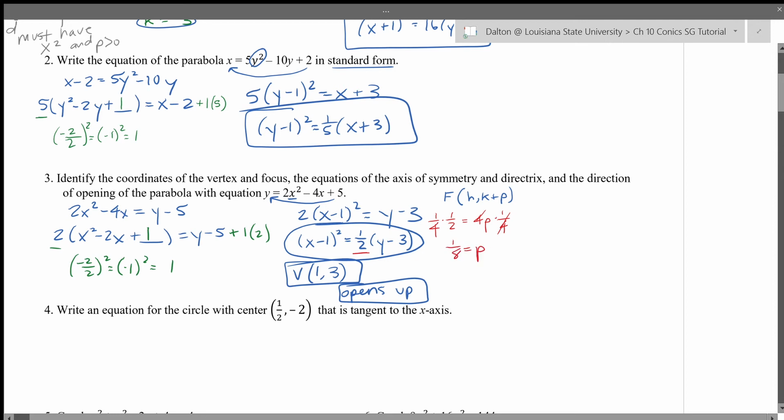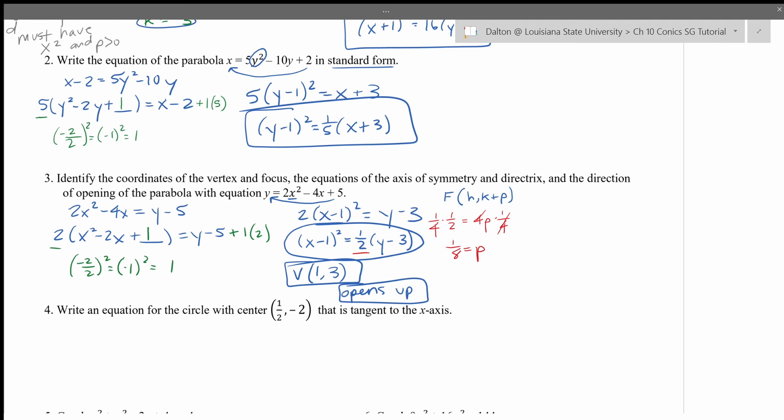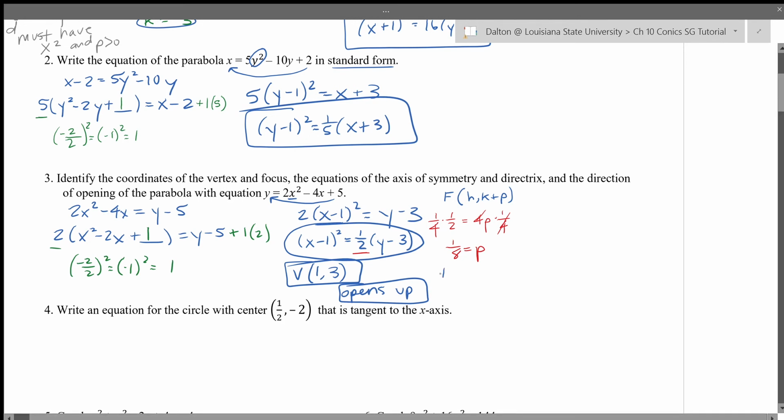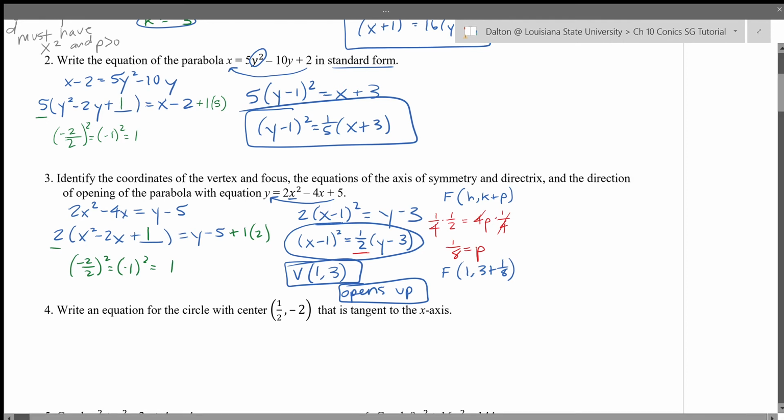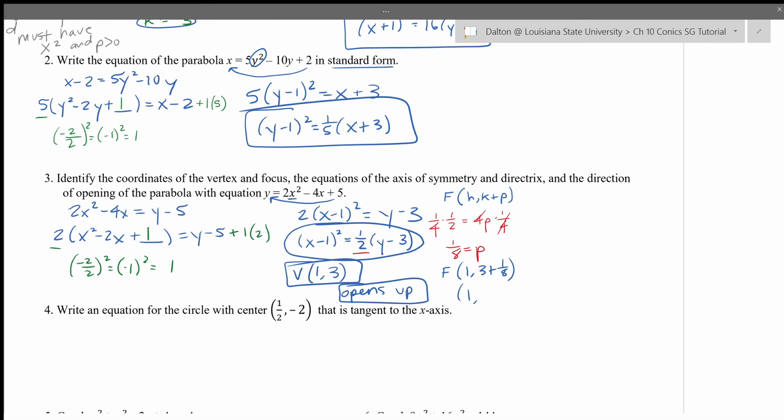So if 1/8 is equal to p, then our focus is, we know that h is 1, we know that k is 3, plus p is 1/8. And again, I want to use this question as a reminder that you cannot use the graphing calculator on your test. Therefore, you need to be able to add numbers like 3 plus 1/8 by hand.